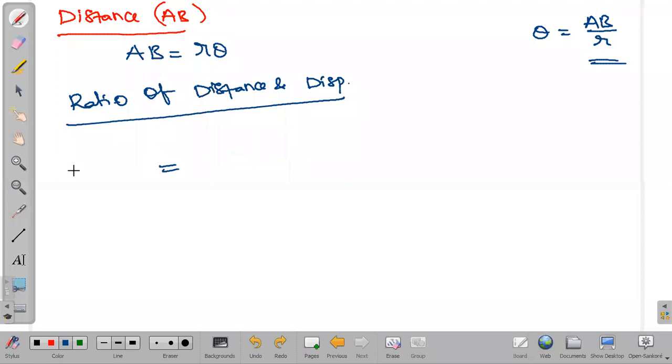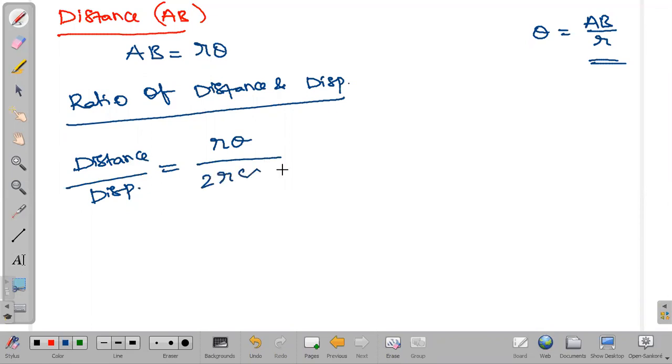Let me write here so that there won't be any confusion. Distance by displacement is equals to, distance is our r theta, it is there here only. Displacement we just derived: 2r sine theta by 2. So r will be cancelled out.